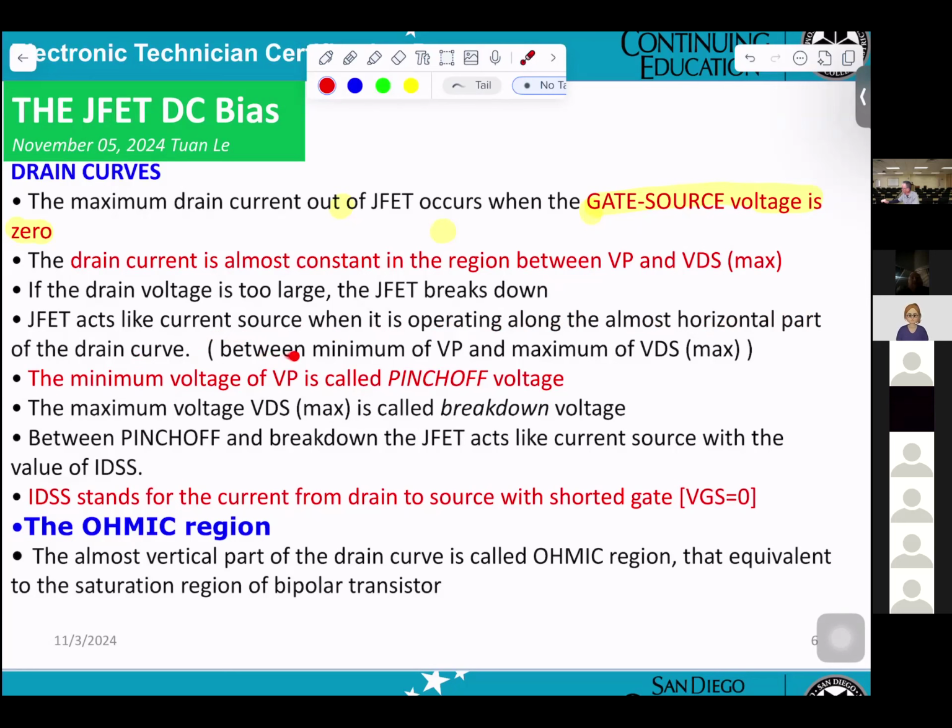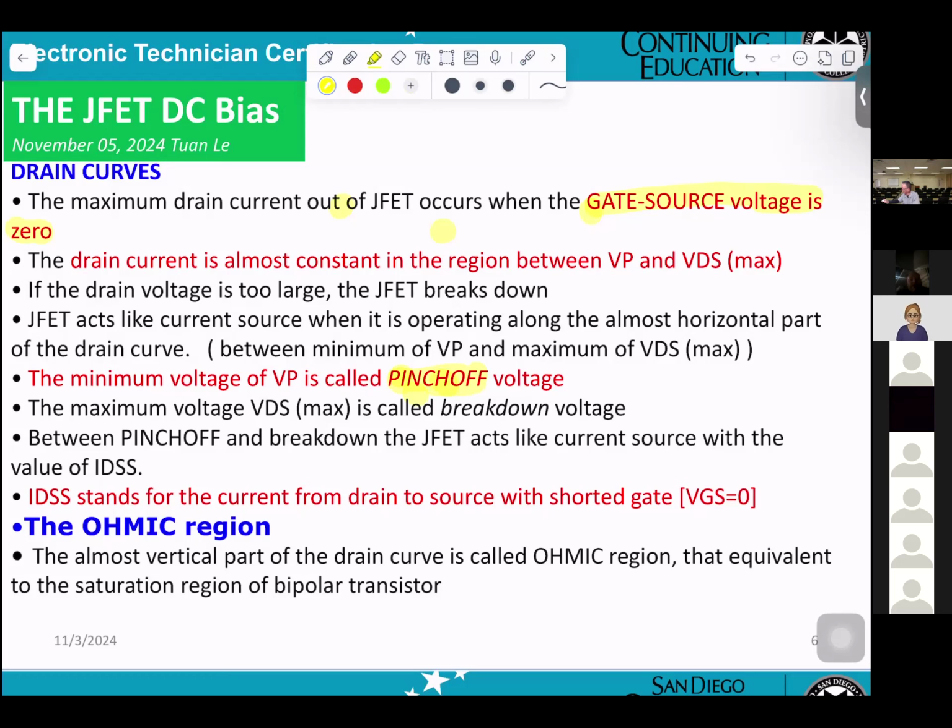between VP and the maximum of VDS. The minimum voltage VP equals the pinch off voltage.